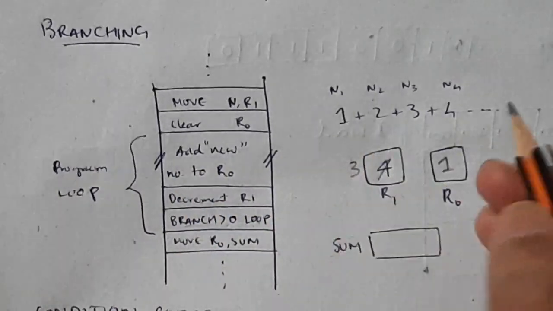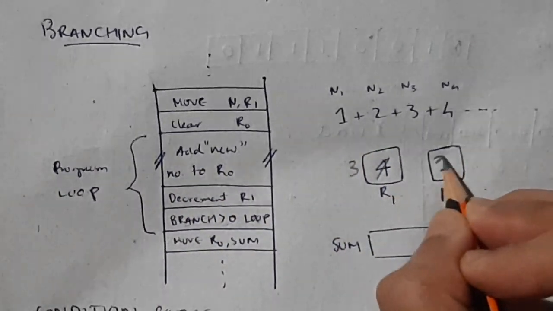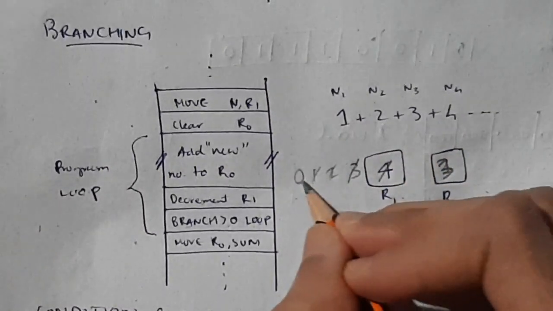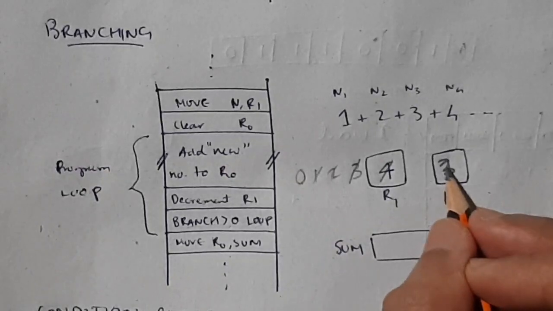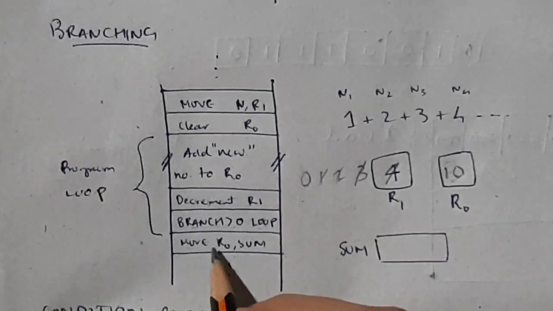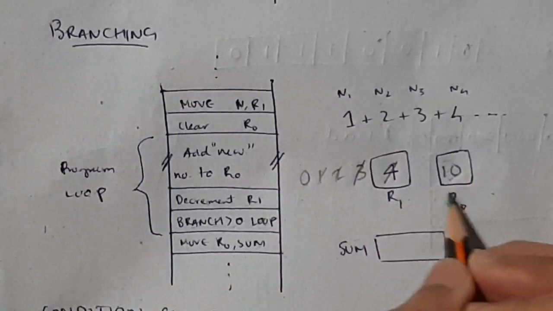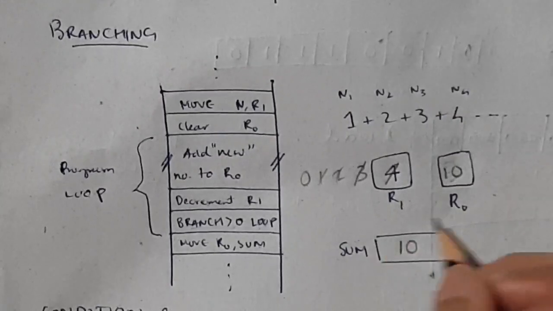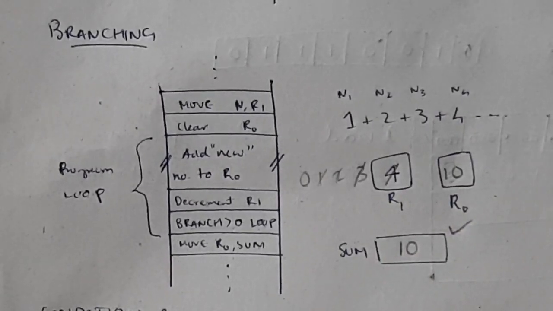The new number is 2, so add 1 plus 2 which is 3. Like that for all numbers it will happen and R1 will get 2, 1, 0. When it comes to 0, it will have the sum which is 10, and move R0 to sum, means you have to move this sum into the variable named sum. Okay, that's the final answer.